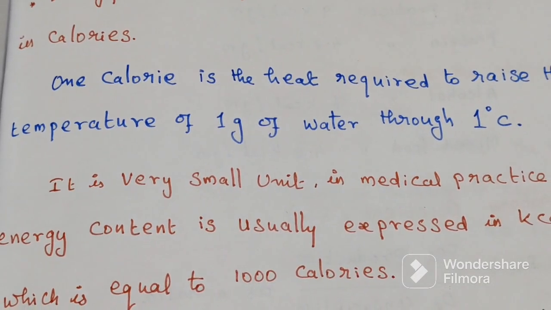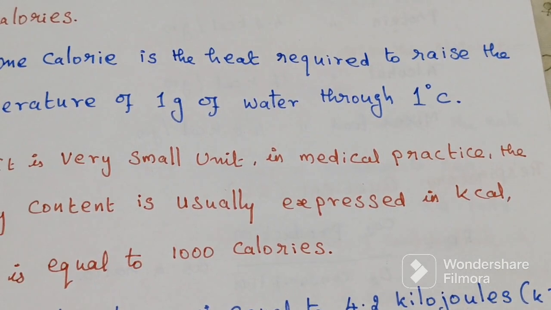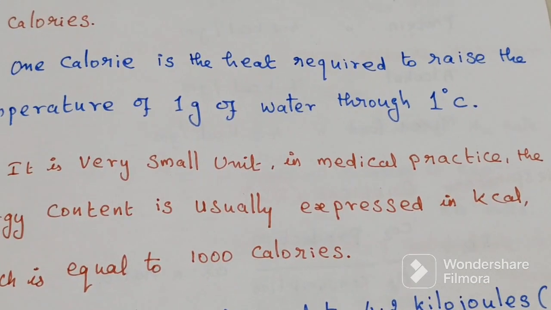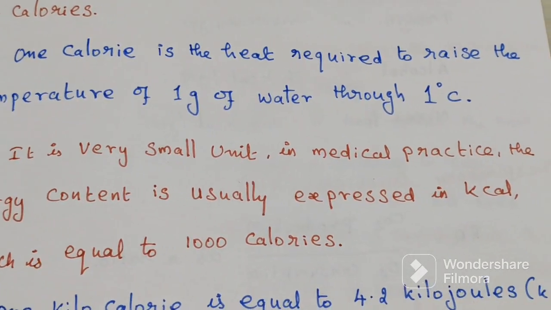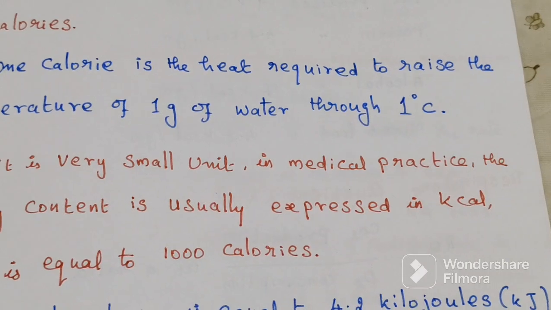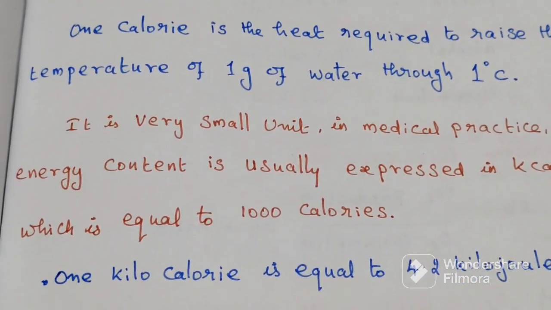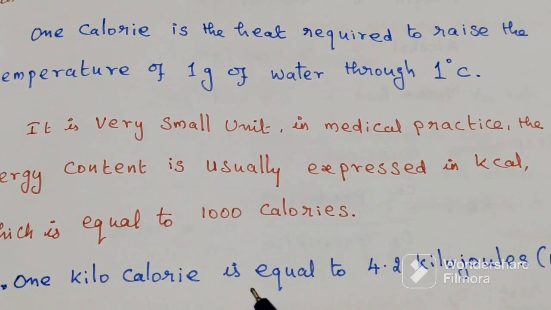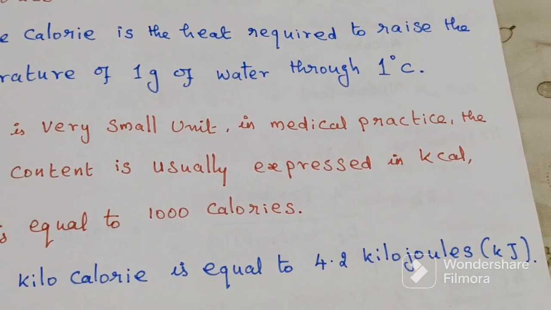Since it is a very small unit, in medical practice, the energy content is usually expressed in kilocalories, which is equal to 1000 calories. 1 kilocalorie is equal to 4.5 kilojoules.